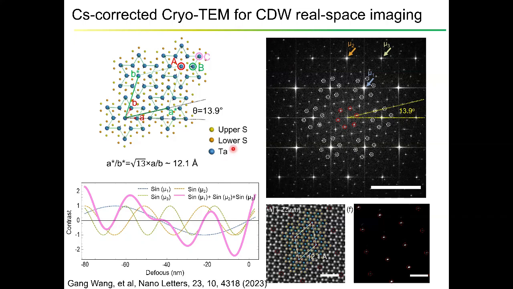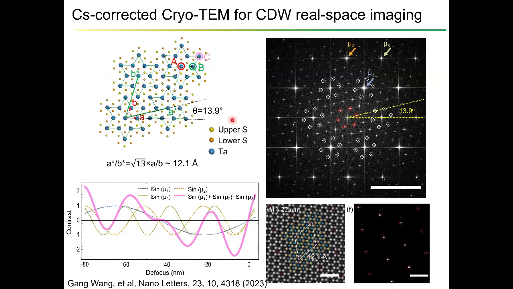Okay, tantalum disulfide is a quantum material that has several CDW transitions. At room temperature, it is in the nearly commensurate CDW phase, and at liquid nitrogen temperature, it will undergo the commensurate CDW phase.